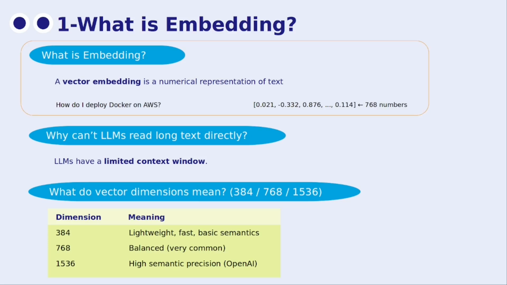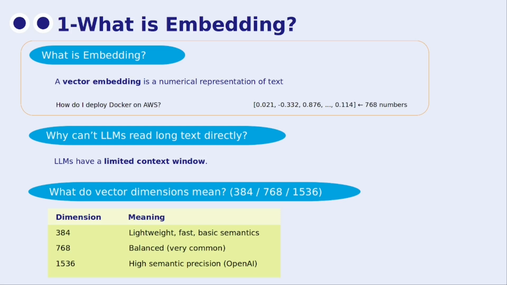What is a vector embedding? Let's start very simple. A vector embedding is just a list of numbers. For example, this sentence is converted to something like this. The vector may have 384 numbers, 768 numbers, or 1536 numbers.